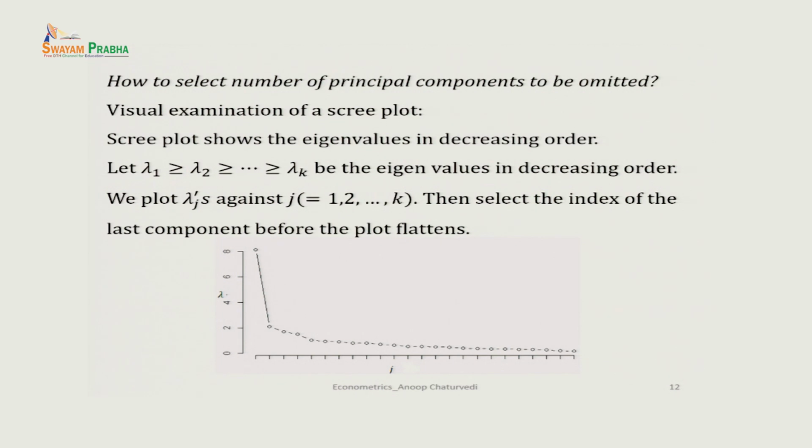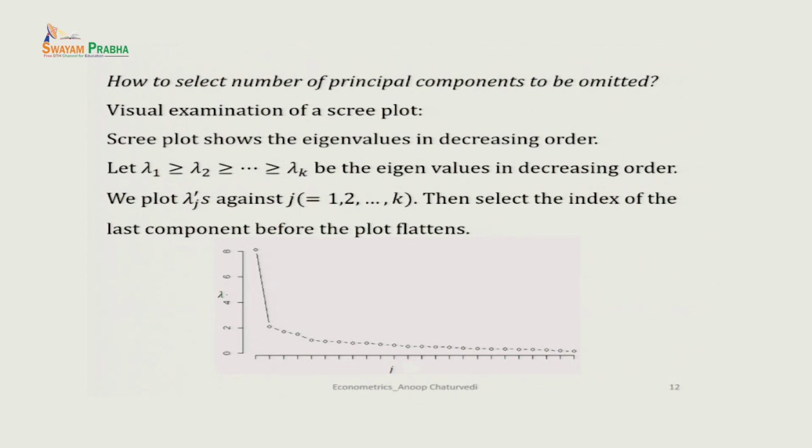So, actually what we have done: the OLS estimator has large variance, and the OLS estimator is best in the class of all linear unbiased estimators. So, even the best linear unbiased estimator is not working well. So, we are moving to the class of biased estimators. The principal component estimator is a biased estimator, and it has lower variance than the OLS estimator.